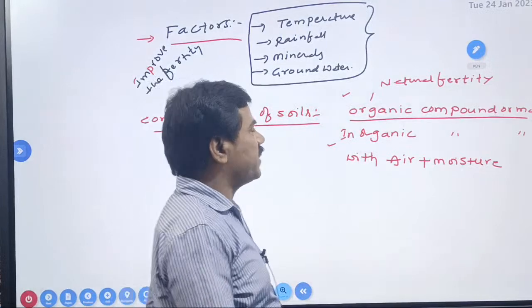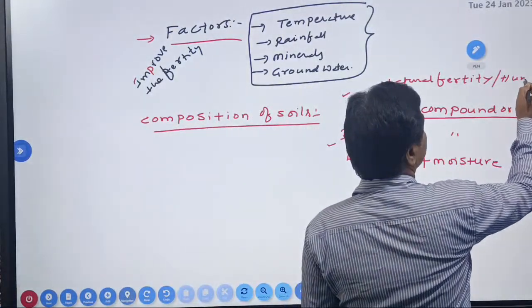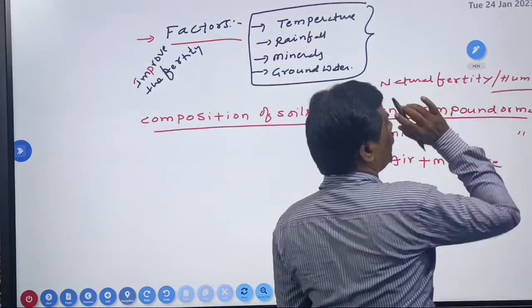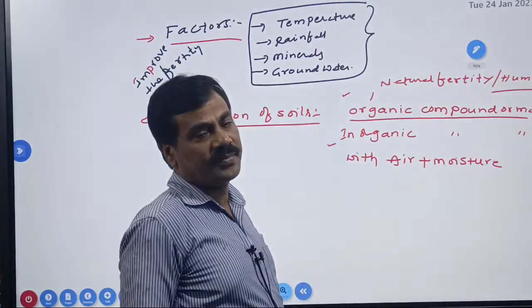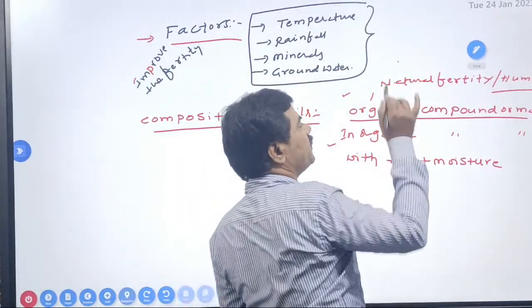This natural fertility means humus, which is formed naturally, not by chemicals, without chemical fertility.